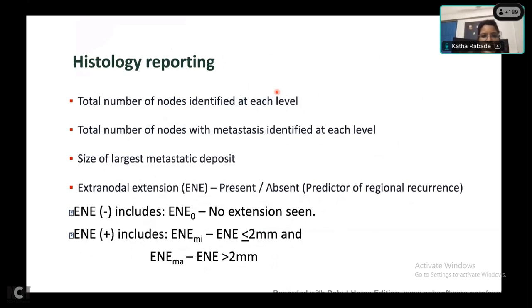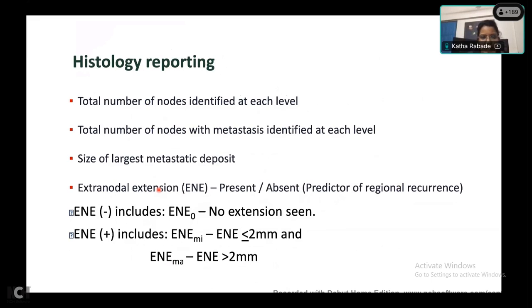So in histology reporting, we need to write the number of nodes identified on each level, which are identified on microscopy, the total number of nodes showing metastasis at each level, and the size of the metastatic deposit. In addition, we need to mention whether there is extranodal extension present or absent. This is a predictor of regional recurrence.